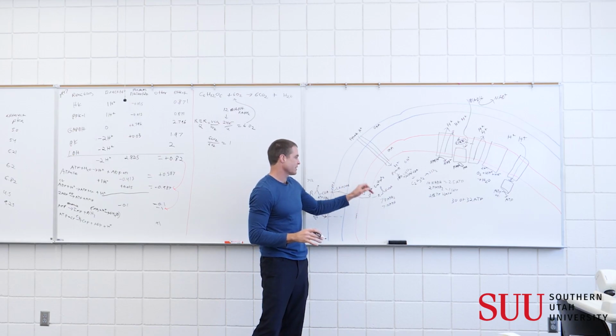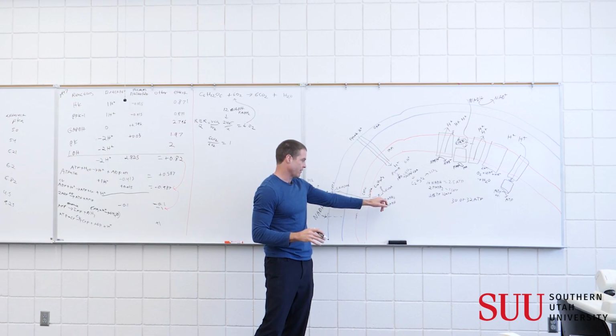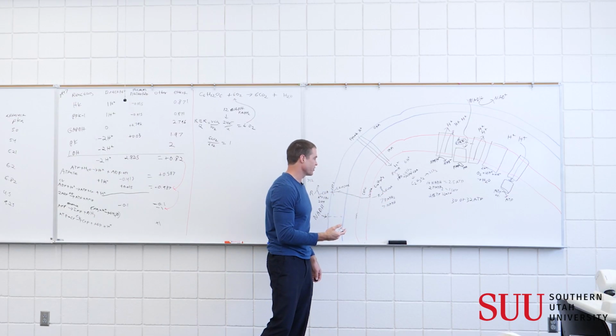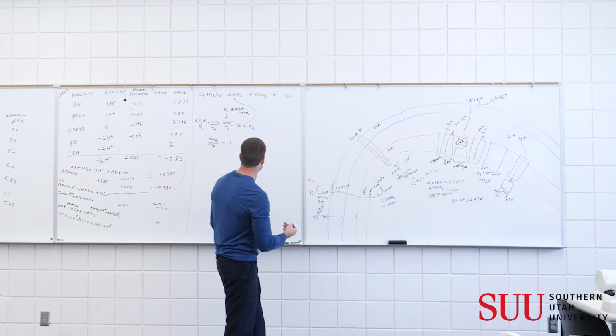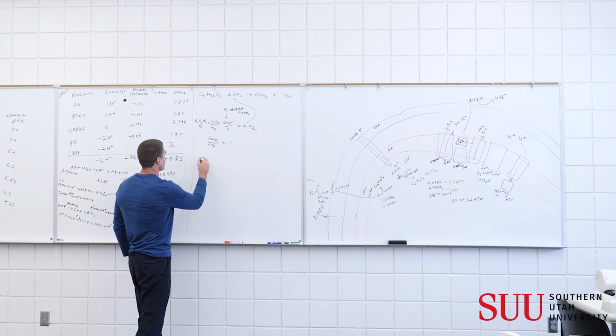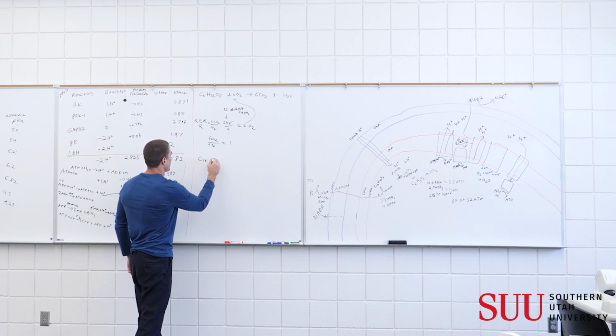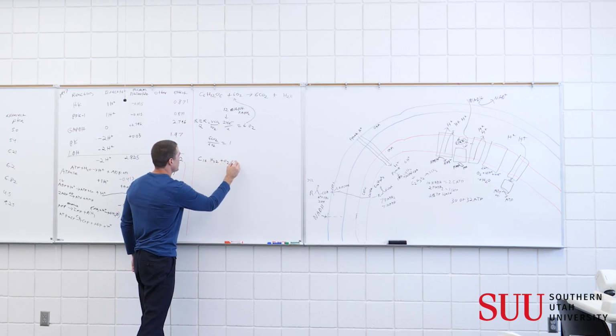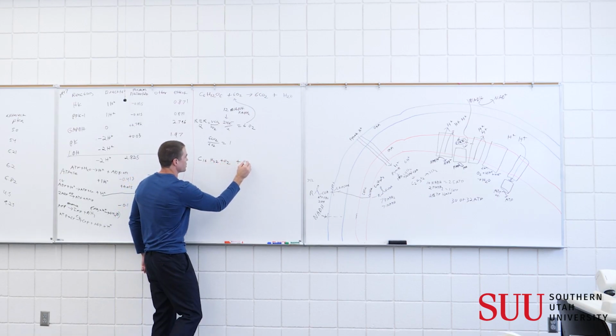We use palmitic acid, and like I said, we end up getting 7 FADH2s, 7 NADHs. We can add all of these up together in the mitochondria. Let's just write this equation here. We did this before. So we have C16H32O2, and we're going to oxidize that with oxygen.